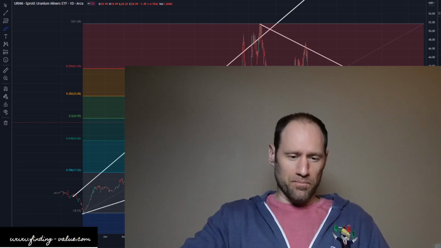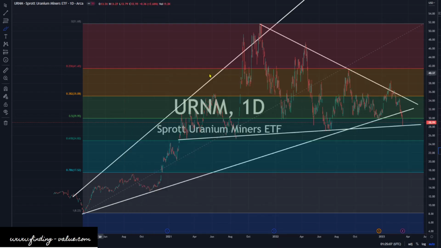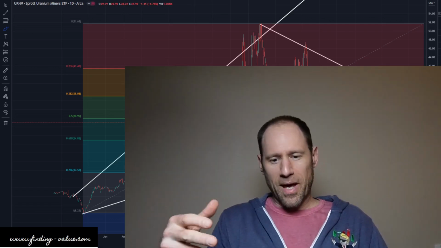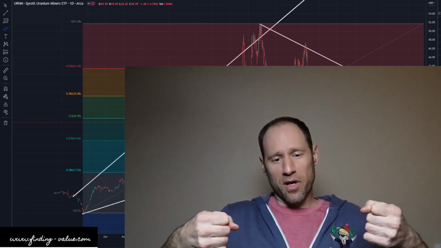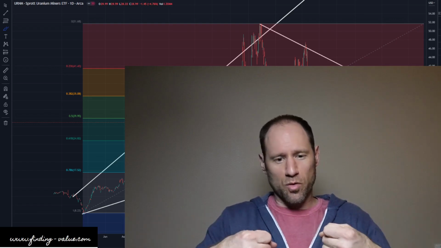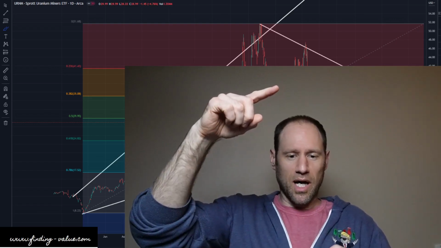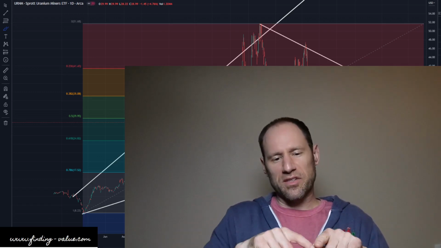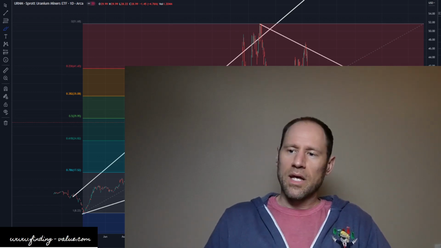Now, another thing, there's things called fractals. Fractals are patterns that repeat over time. So it's the same pattern. Some of them are stretched out, some are squished up, some have larger up moves, some have smaller up moves. But the overall pattern, the way it scribes out, is the same over and over again.